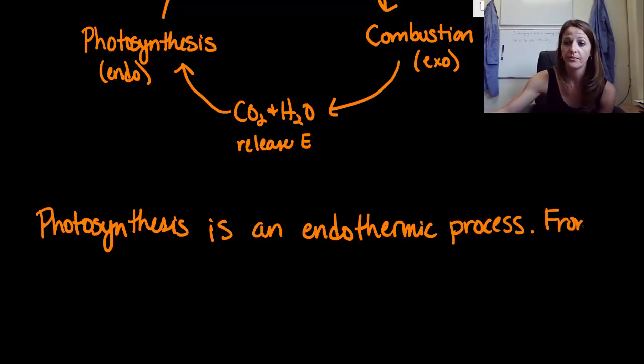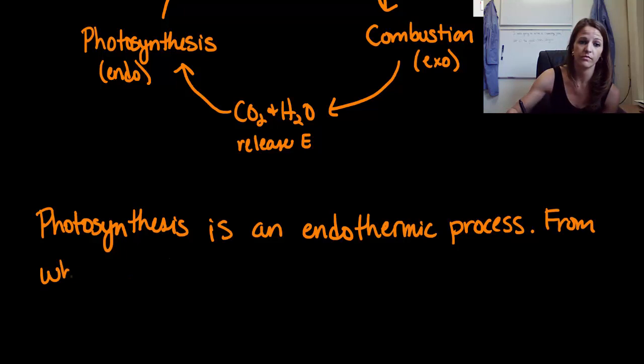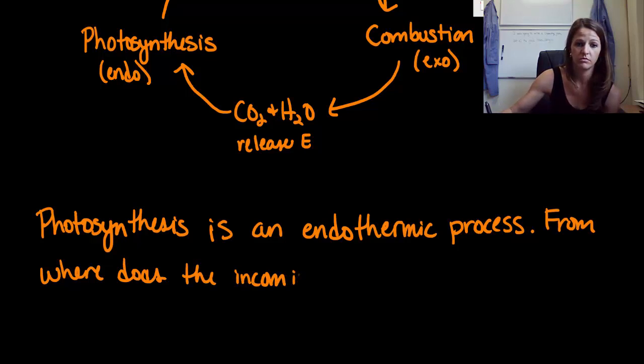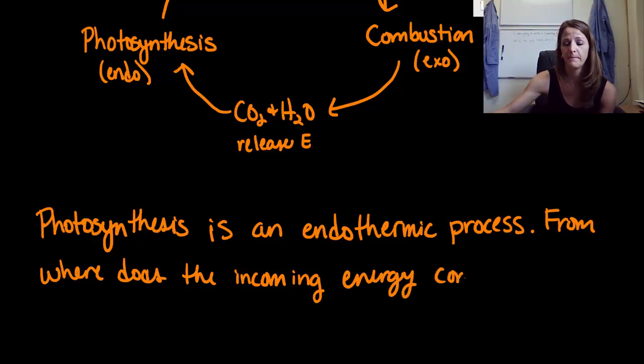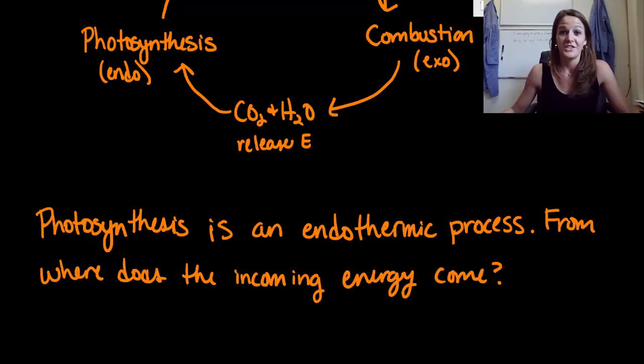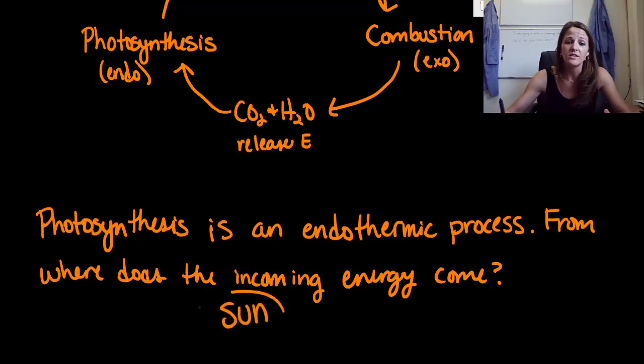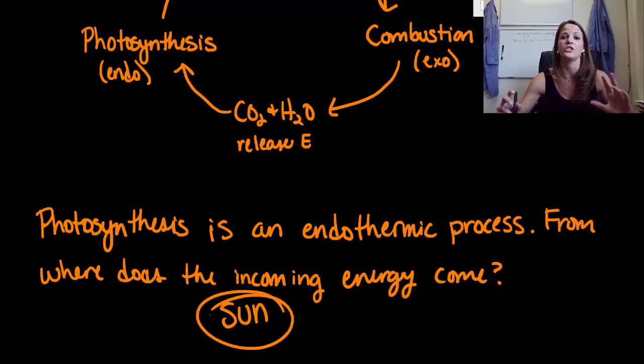From where does the incoming energy come? From where? Go. Did you get an answer? Hopefully you did, and hopefully this was really easy for you, but if not, we're just reviewing. Photosynthesis needs the sun. The energy comes from the sun.